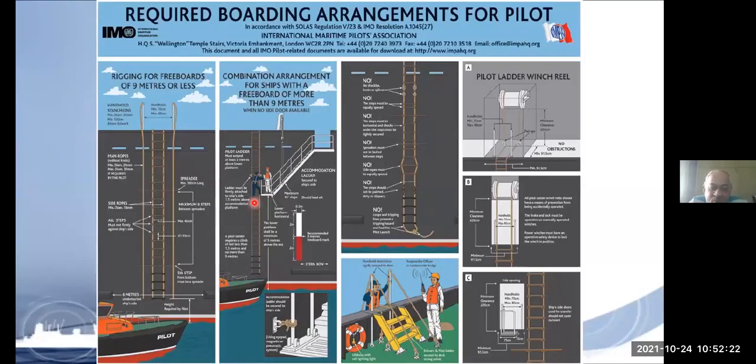When I'm talking about freeboard, you should be able to visualize what it is. Yes. So 9 meters is about 30 feet. If more than 9 meters of freeboard is there, then the regulation says you must have a combination ladder arrangement.